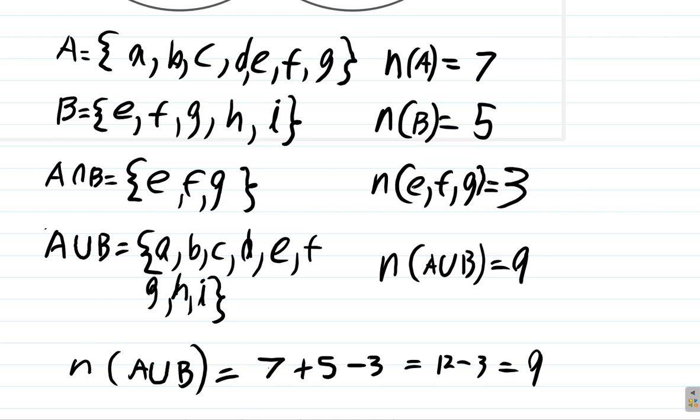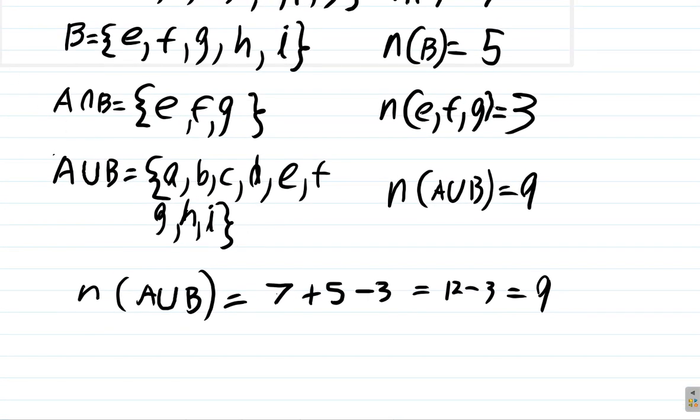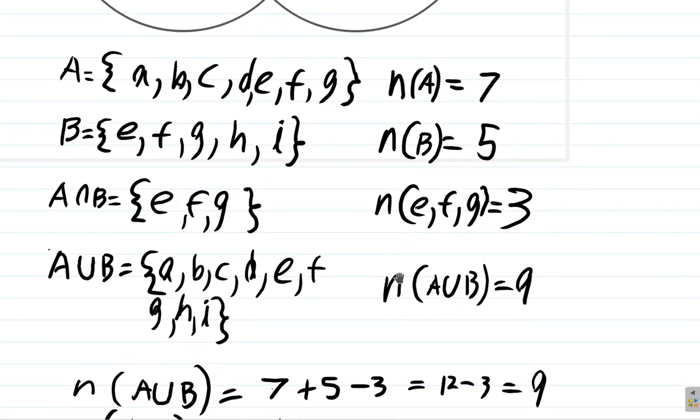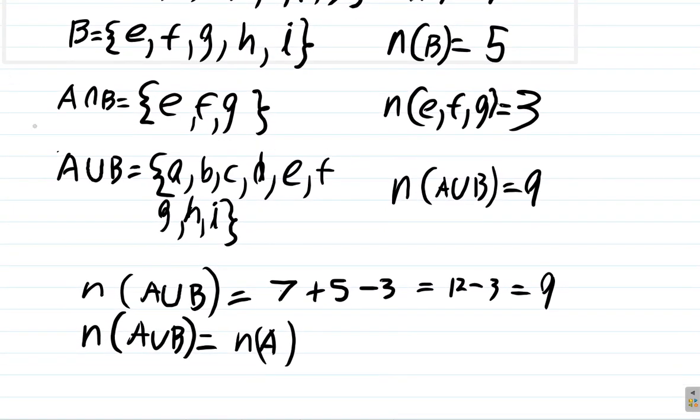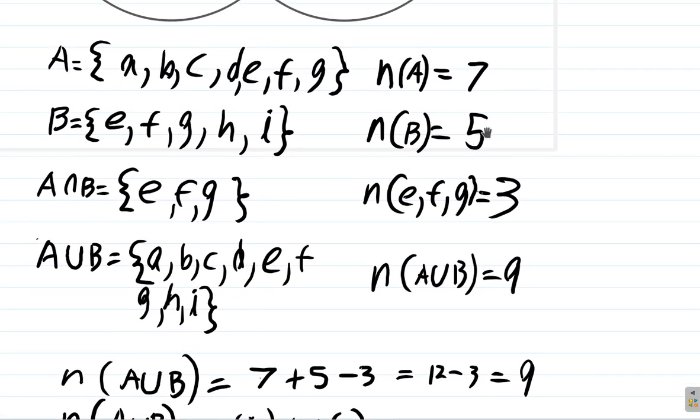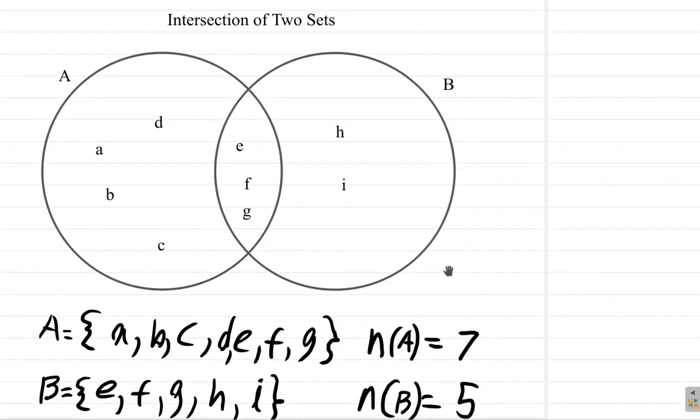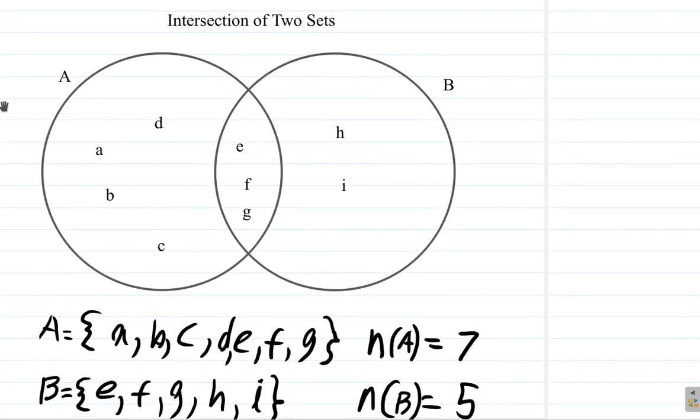So therefore, in the formula, the number of elements in A union B is equal to the number of elements in A, which is 7, plus the number of elements in B, that was 5.